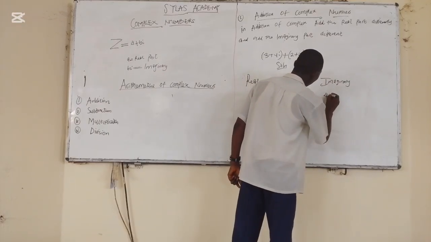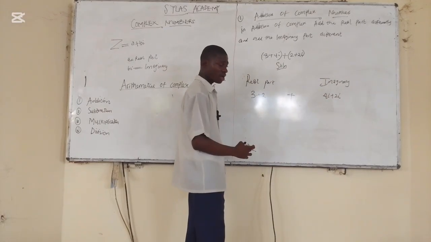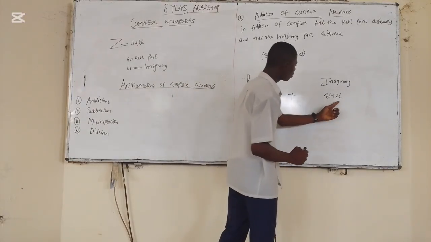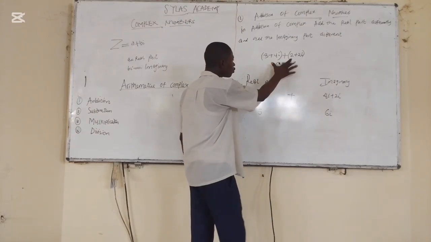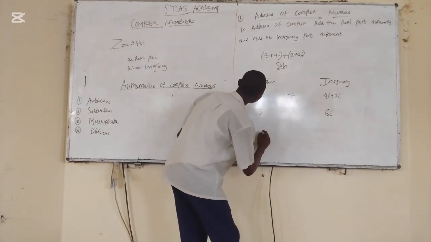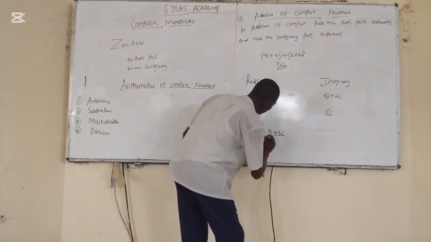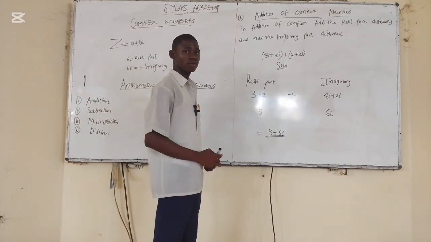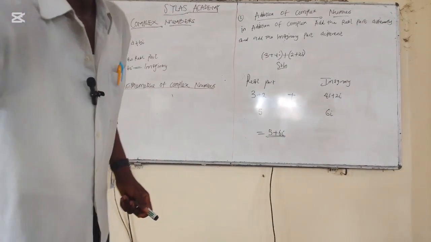That is 4i plus 2i. If we add them together, this plus this gives you 5. This one plus this one gives you 6i. That's to say your solution becomes 5 plus 6i. And this becomes your solution for this question. Are you following now?